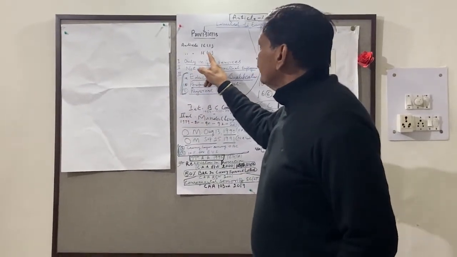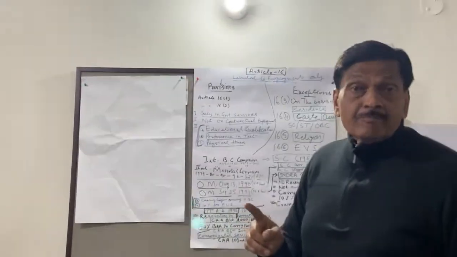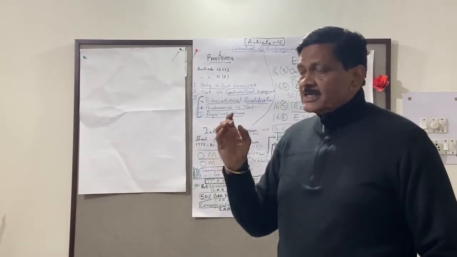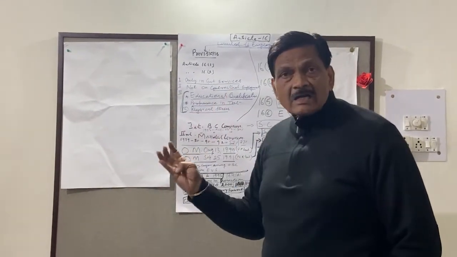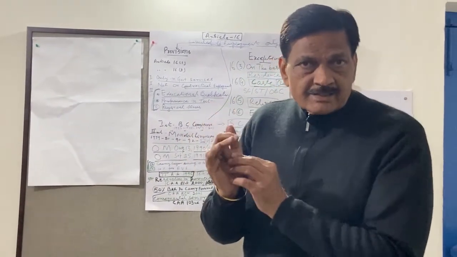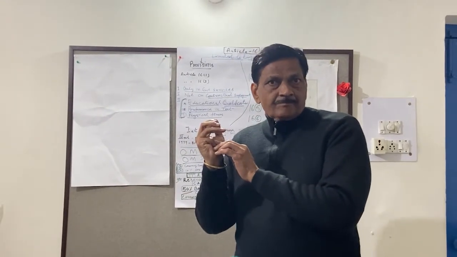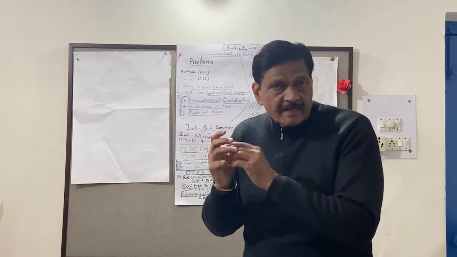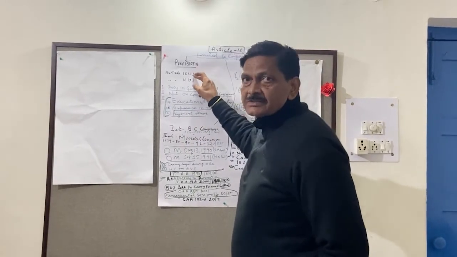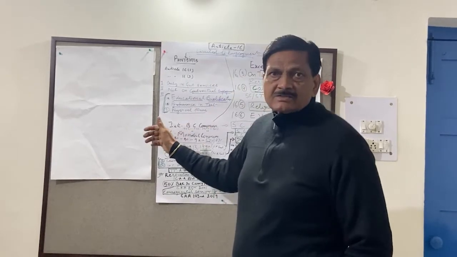Article 16(2) mentions that there shall be no discrimination only on the ground of caste, religion, sex, race, place of birth, residence, and descent. So these are the two provisions, but these provisions have certain limitations.